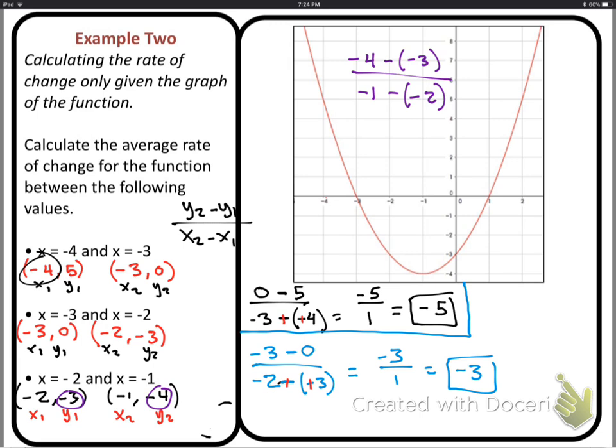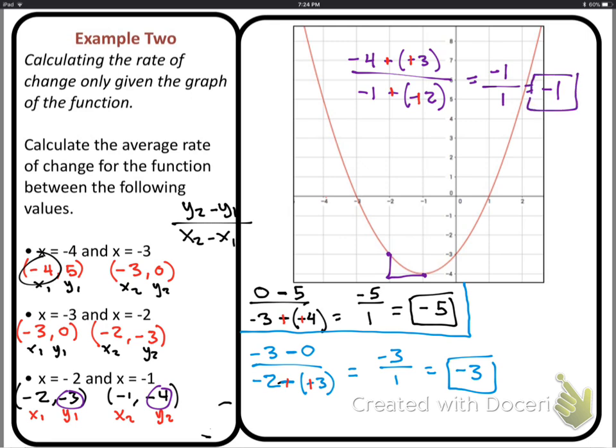So then we can change these to plus signs, because we know that double negatives are positive, and we can simplify. -4 plus 3 is -1. -1 plus 2 is 1. Our slope there is -1. And if we look at it from -2 to -1, down 1 over 1, that's correct.